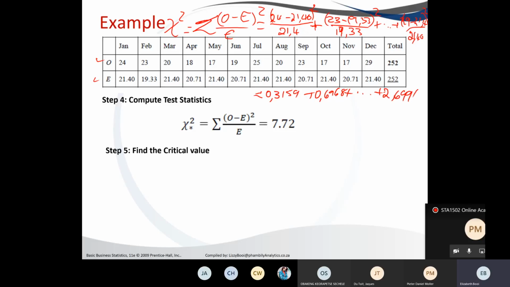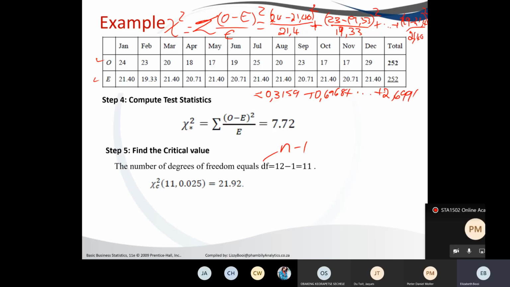Our degrees of freedom will be 12 minus 1, because it is column minus 1, or n minus 1. We can call it n minus 1 because there are 12 of them.